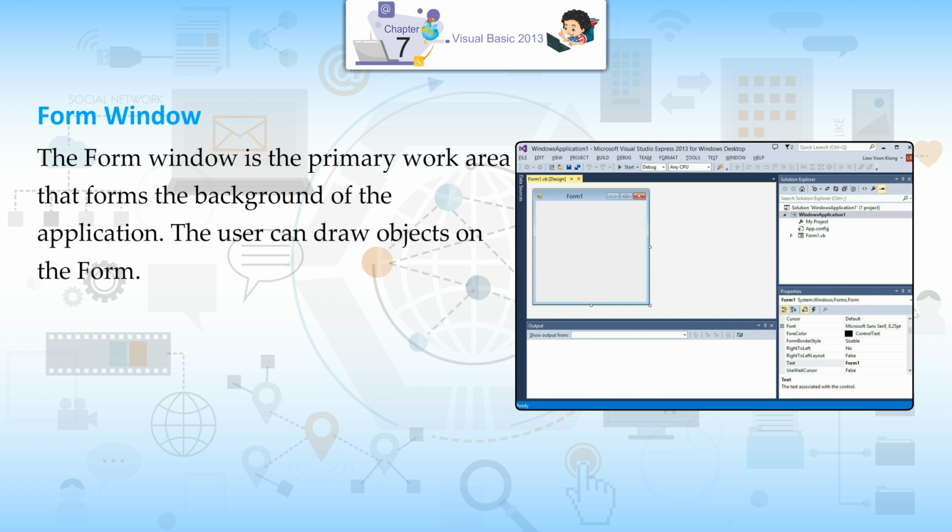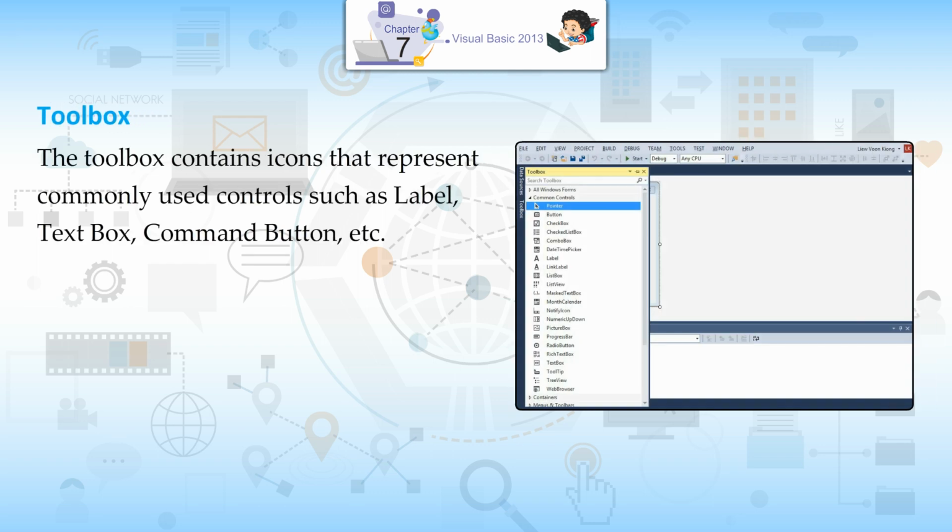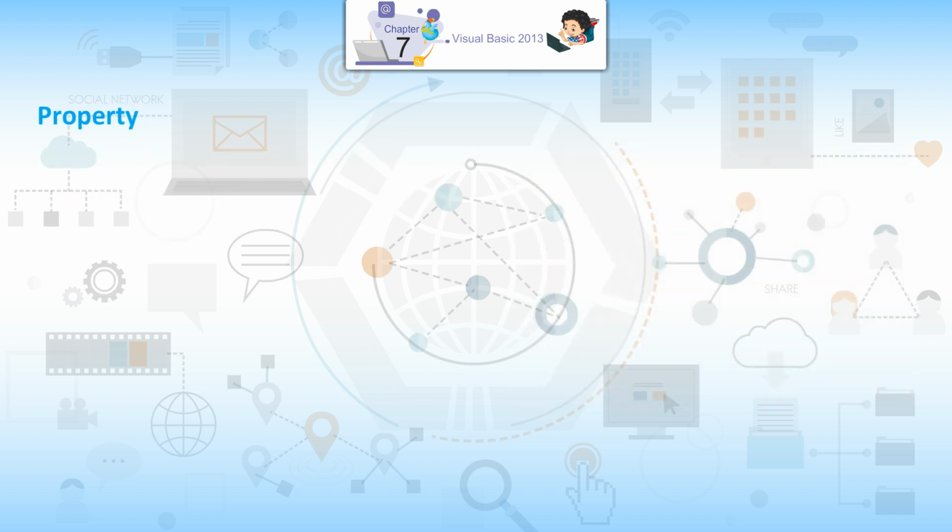The form window is the primary work area that forms the background of the application. The user can draw objects on the form. Toolbox. The toolbox contains icons that represent commonly used controls such as label, text box, command button, etc.